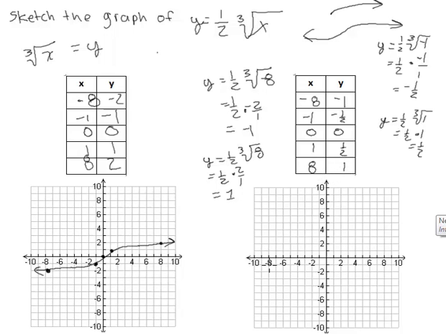I have -8, -1, -1, -1/2, 0, 0, 1, 1/2, and 8, 1. Okay, so it looks a lot like this graph, only kind of squished in closer to the x-axis.